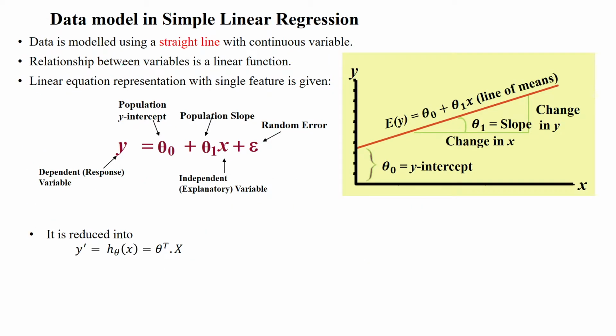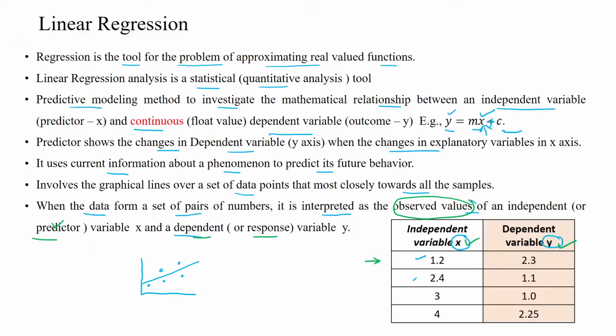And the data model can be expressed by using the linear equation for simple linear regression. The straight line equation is used to represent linear regression with a continuous variable. Why is it called a continuous variable? In the sense that the y value, the dependent variable, will have floating point values.